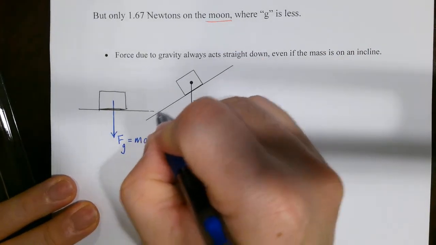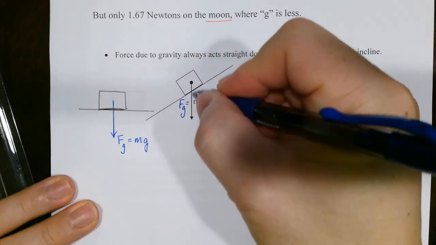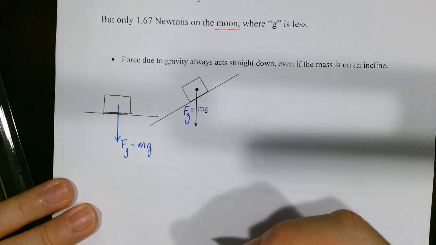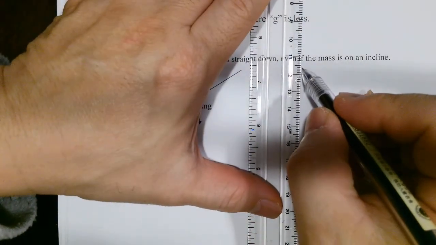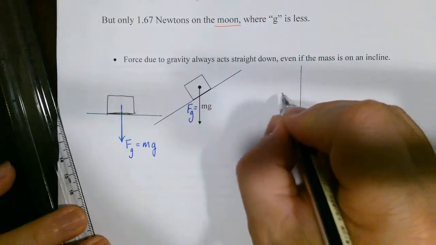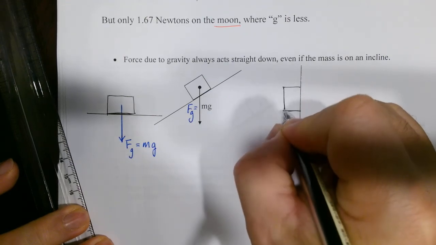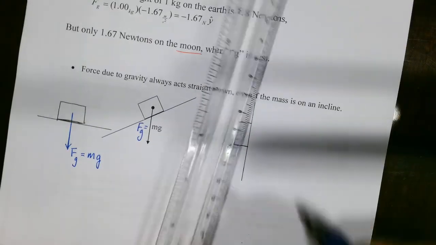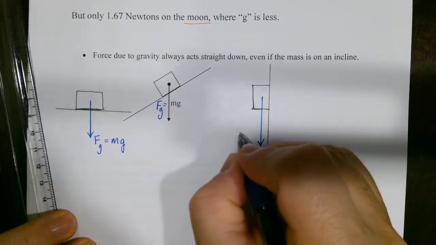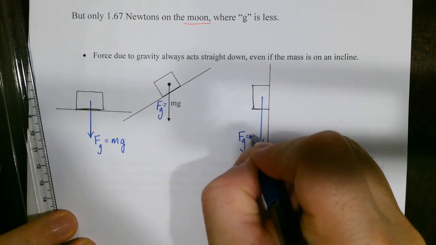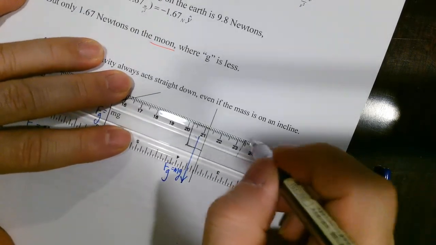Even if it is on an incline like this, your F sub g will always be pointing straight down towards the center of the Earth. Even if I were to place this object up against the wall, like that, the weight of this object will always be pointing straight down towards the center of the Earth. So F sub g, like so. Even if I were to put this on a ceiling.